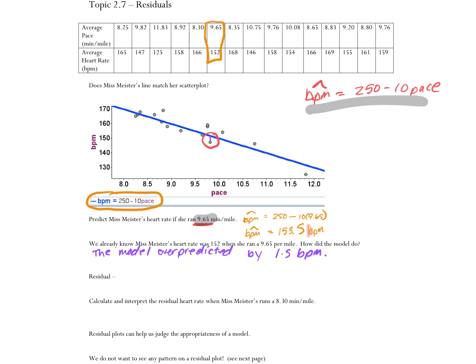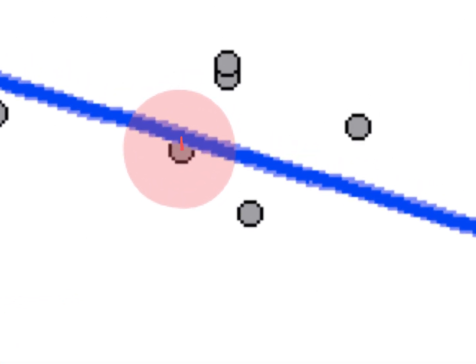Isn't it the point to the left of that? Oh yeah, you're right. So we're looking at this point, and essentially this distance is negative 1.5.